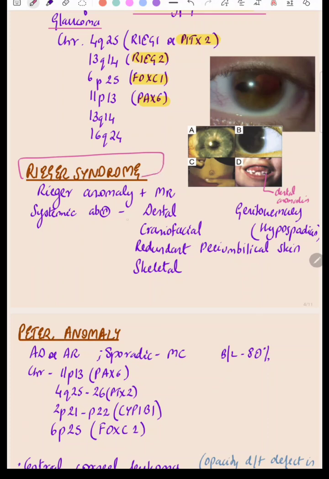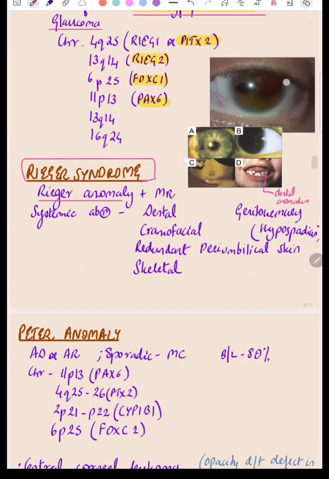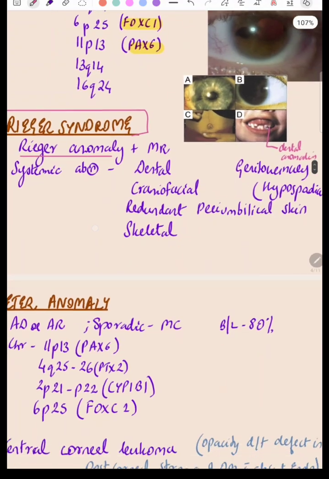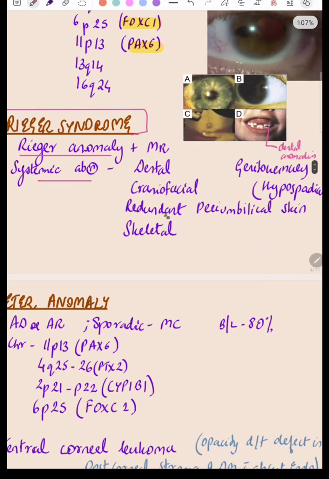Rieger anomaly is where there is posterior embryotoxon along with iris abnormalities. If along with Rieger anomaly there are systemic abnormalities like dental, craniofacial, redundant periumbilical skin or skeletal changes, then it is called Rieger syndrome.